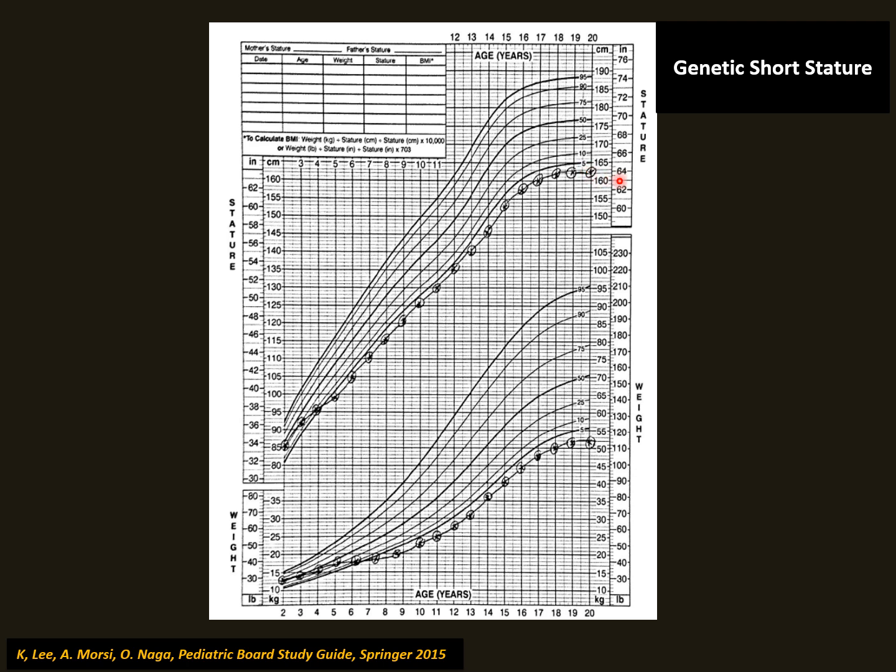And the bone age for this child is equal to the chronological age. And if you look here also, the weight is affected after the height. So this is a classic example of a child with familial short stature.